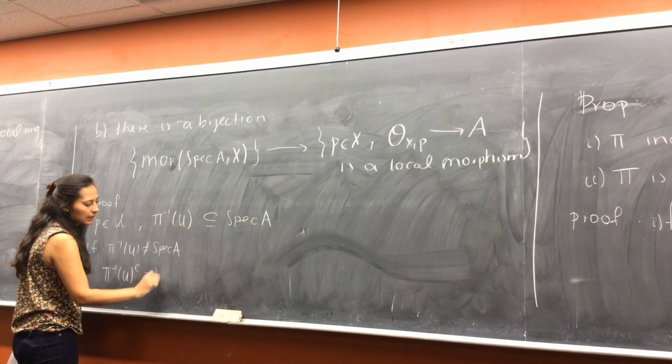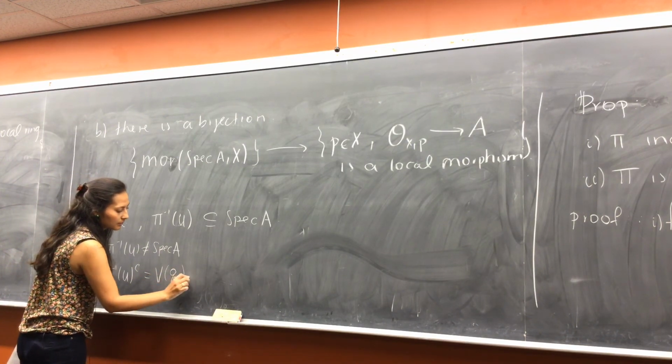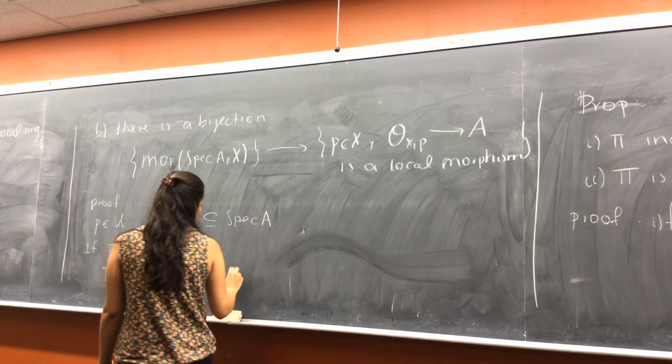Then this would look like the closed set V(Q) of some prime ideal.